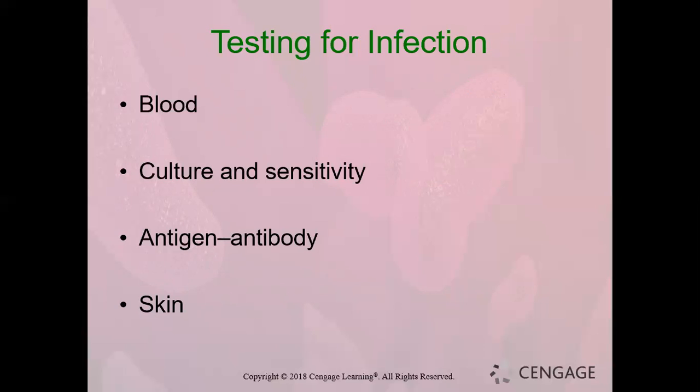Then they will put different antibiotics in different areas of this little agar plate, and see which one kills it the fastest or kills it at all. That's the antibiotic they're going to use, and that's the sensitivity part of the culture and sensitivity.